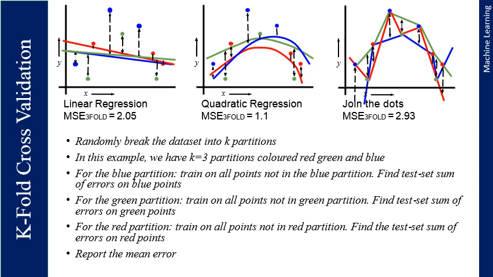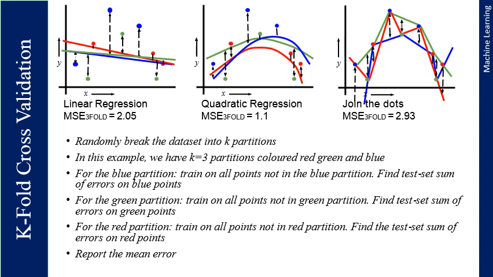So again we have similar models: linear regression, quadratic regression, and join the dots. And we have a similar kind of dataset, and we have to make three copies because in this case we are using three-fold cross validation. For three-fold cross validation, you have to break the dataset into three partitions.